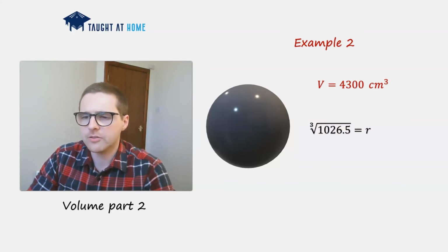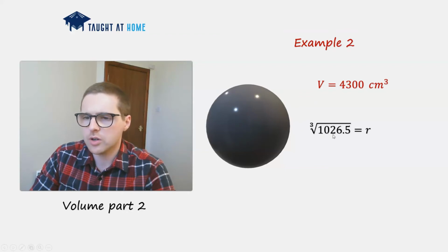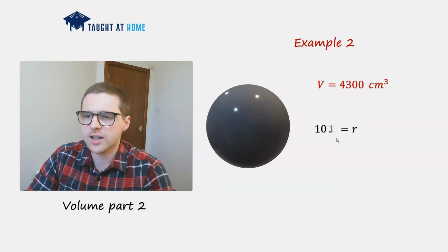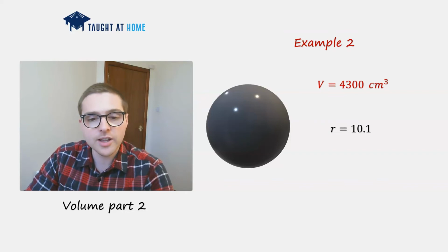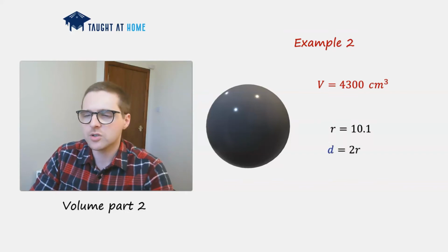And now we have the cube root of 1026.5, which, using our calculator, we get 10.1 centimeters to one decimal place. And now that's the radius, but we're looking for the diameter, so we multiply that by 2, and what we get is a diameter of 20.2 centimeters.